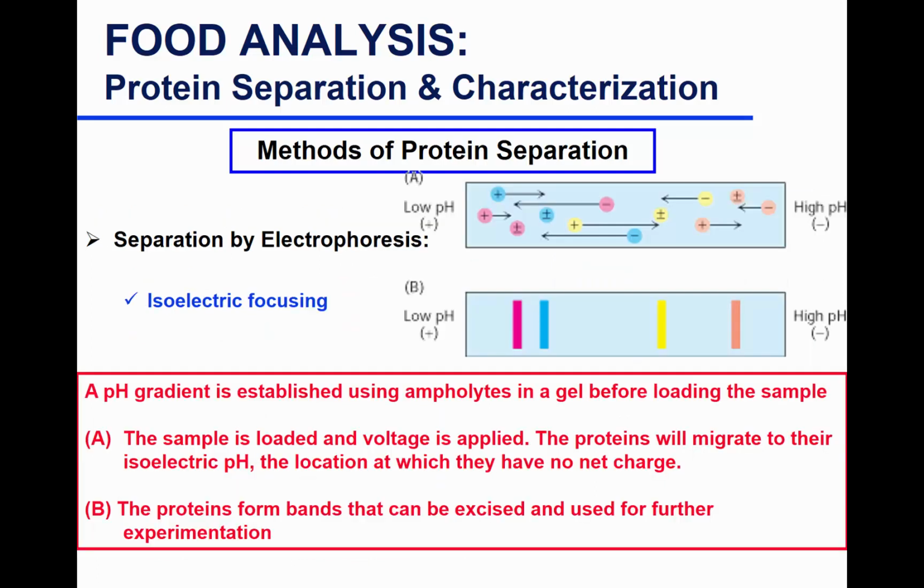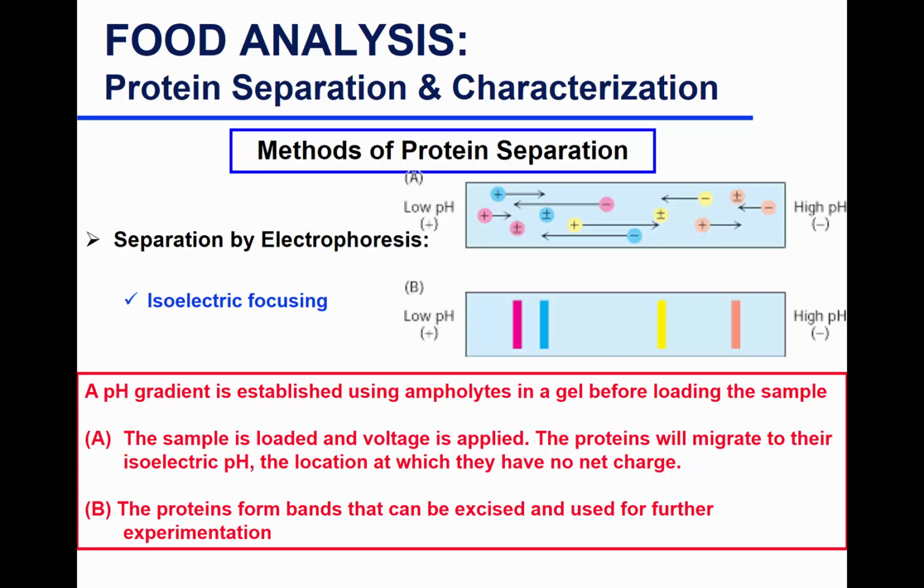Okay, we can do isoelectric focusing. Isoelectric focusing means we're separating the proteins based on the isoelectric point. So in this case, we get a strip, another little piece of gel, and we create a pH gradient on that strip.